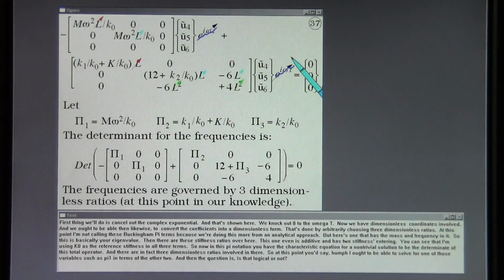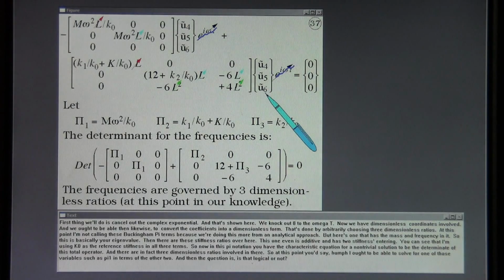Now we have dimensionless coordinates involved, and we ought to be able then likewise to convert the coefficients into a dimensionless form. That's done by arbitrarily choosing three dimensionless ratios. At this point, I'm not calling these Buckingham Pi terms because we're doing this more from an analytical approach.